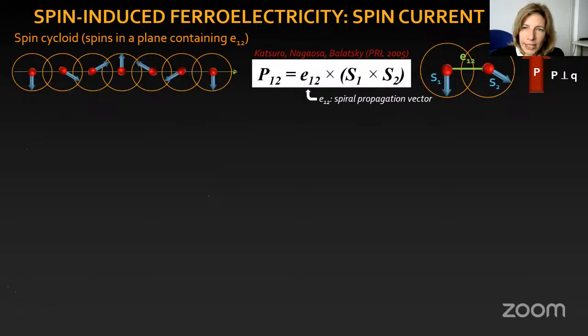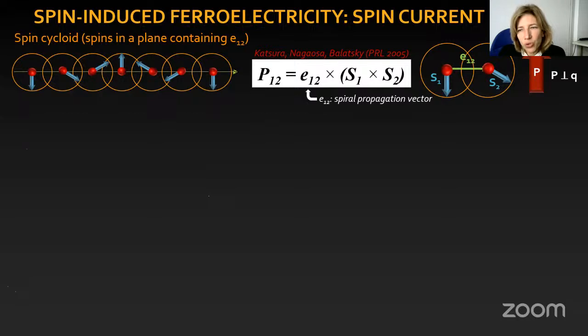Back in 2005 or so, there was a model proposed by Katsura, Nagaosa and Balatsky, in which they explain through spin current the emergence of ferroelectric polarization as driven by the cross product of two spins with the vector connected to the spins, or the propagation vector.